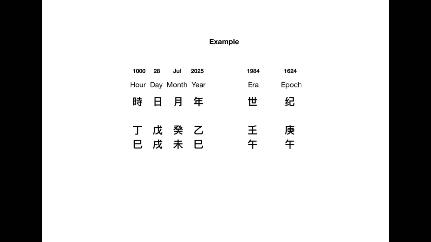So let's look at the 28th of July, 2025 as an example. It is a Yi Si year, a Gui Wei month, a Wu Xu day, and I arbitrarily chose 10 a.m., which is a Ding Si hour. The epoch is Geng Wu, which started in 1624, and the era is Ren Wu, which started in 1984.